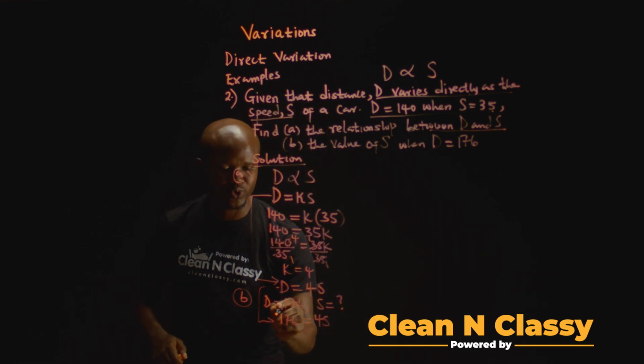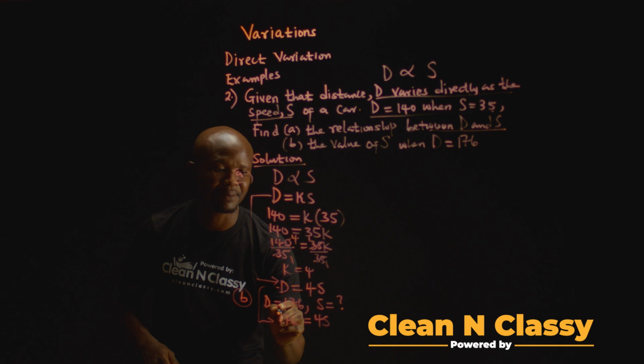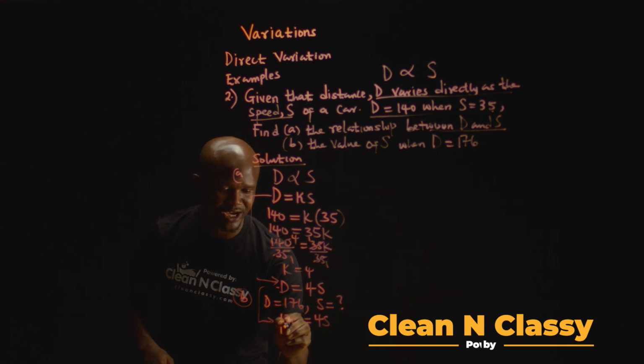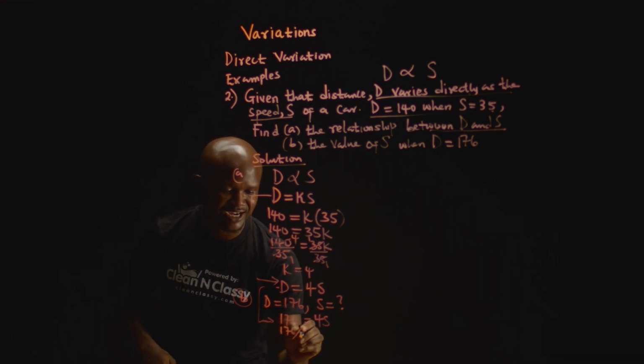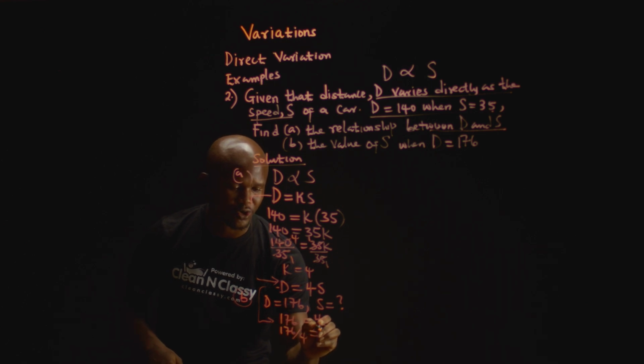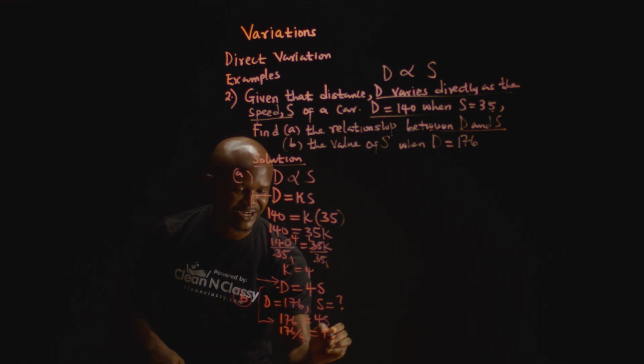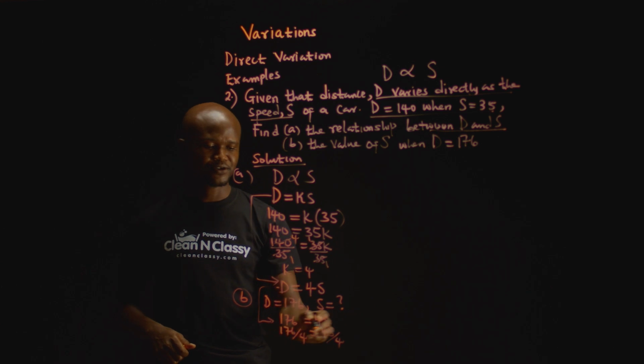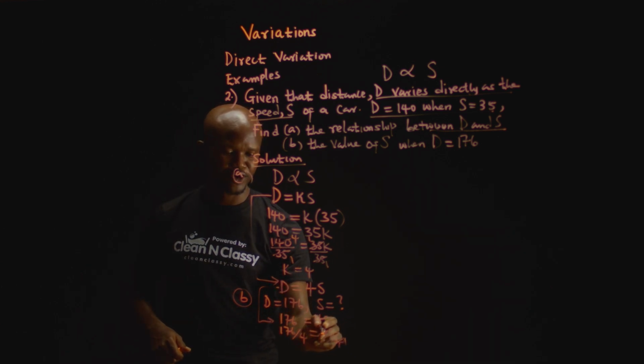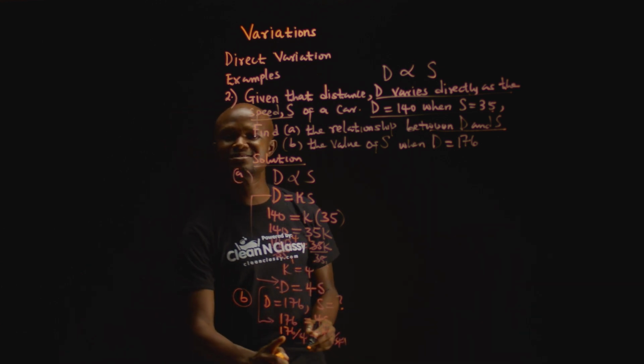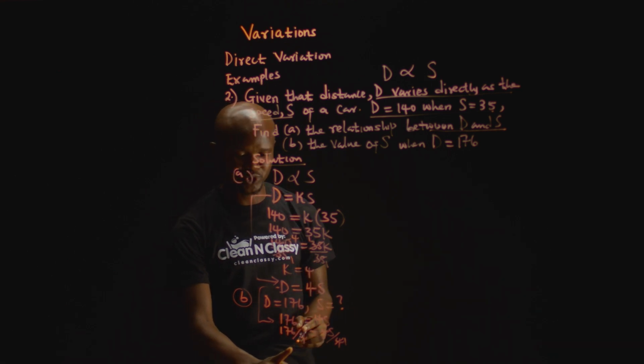The next thing for us to do is to find s, because that's what we are looking for. So we divide both sides by 4. We have 176 divided by 4 is equal to 4s divided by 4. So 4 here 1, 4 here 1. Now 176 divided by 4, what are we going to have?